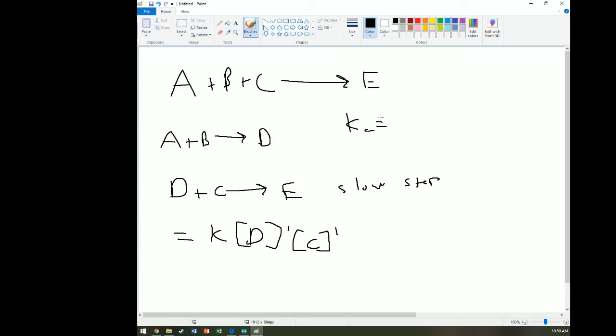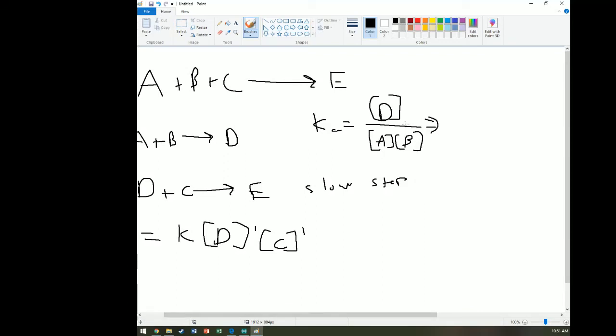Now, we know that Kc is equal to D over A times B. Let's rearrange that, and these are all to the order of 1.